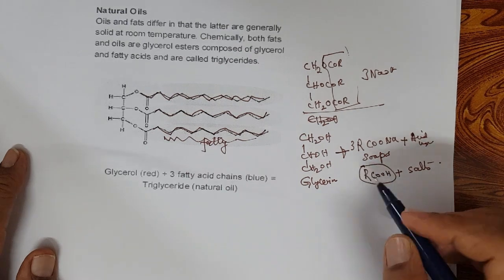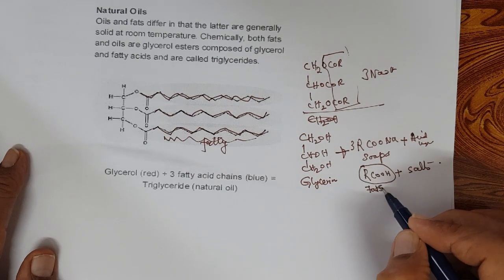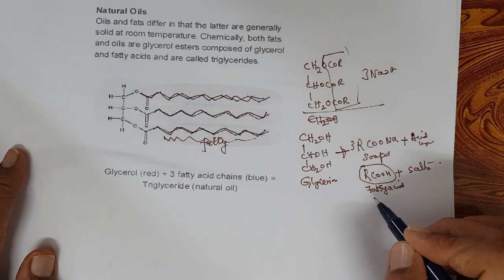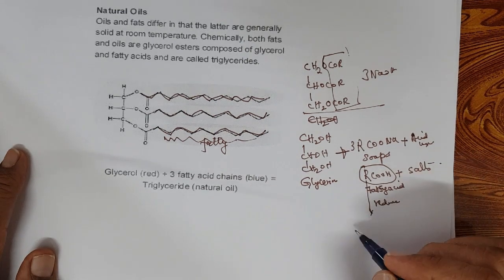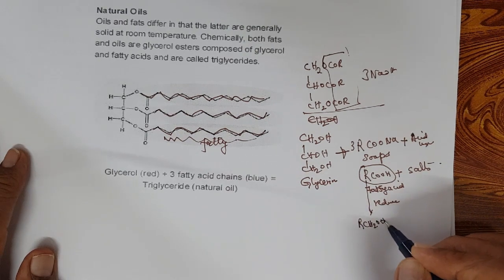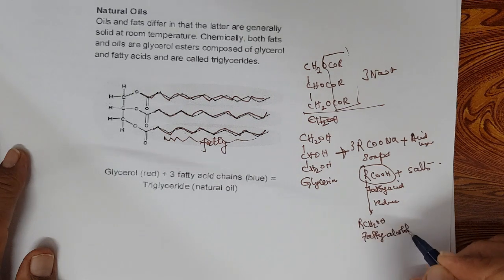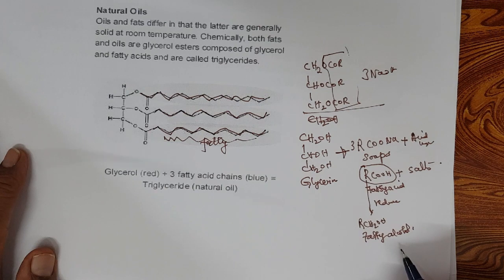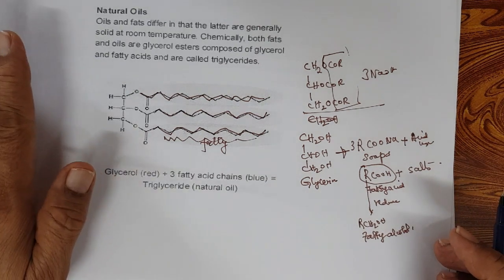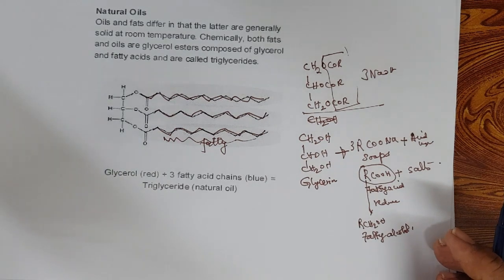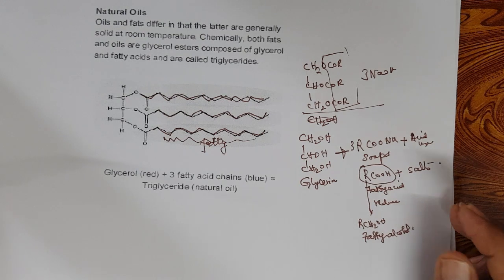Okay, this is fatty acid. When you reduce it, you get RCH2OH. This is fatty alcohol. So fatty acids and fatty alcohol are derived from vegetable oils, right? When we study that, you remember this.